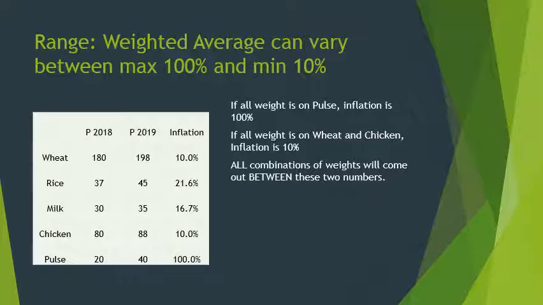It will be close to the numbers which receive bigger weights, and it cannot go outside the boundaries of the smallest 10% and the largest 100%. So these are the range of inflation numbers which are possible, and which one we get depends on what is purchased. So each household can have its own inflation rate, which will depend on the amounts purchased of these 5 commodities.